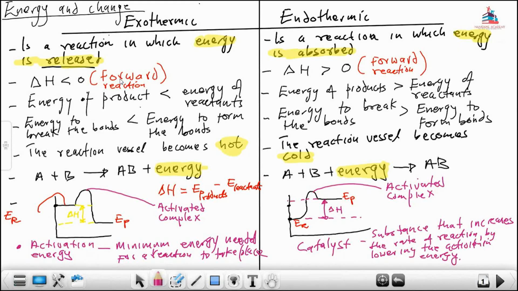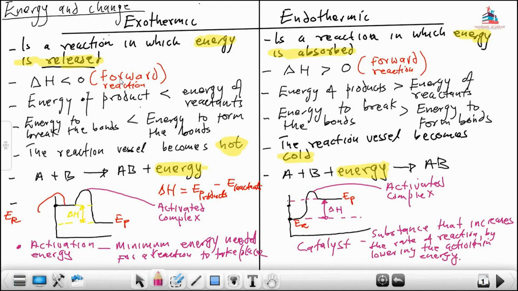But I must emphasize, if you have identified the forward reaction as endothermic, the reverse reaction will be exothermic. It's always the case. So if you have identified the forward reaction as exothermic, then the reverse reaction will be endothermic.